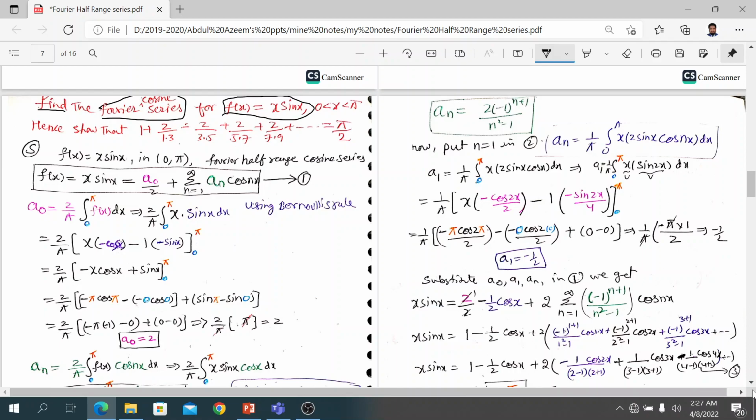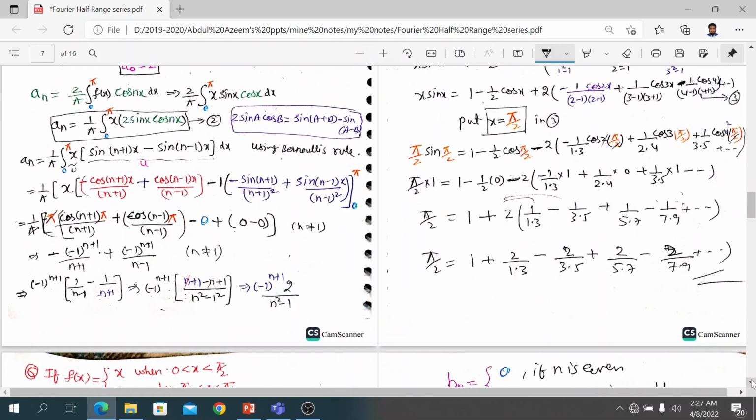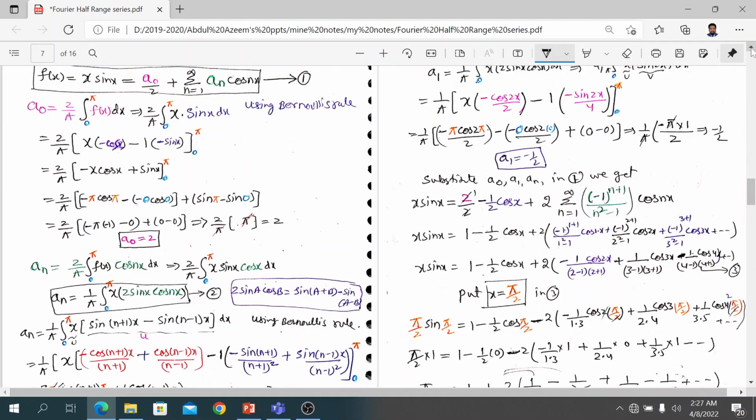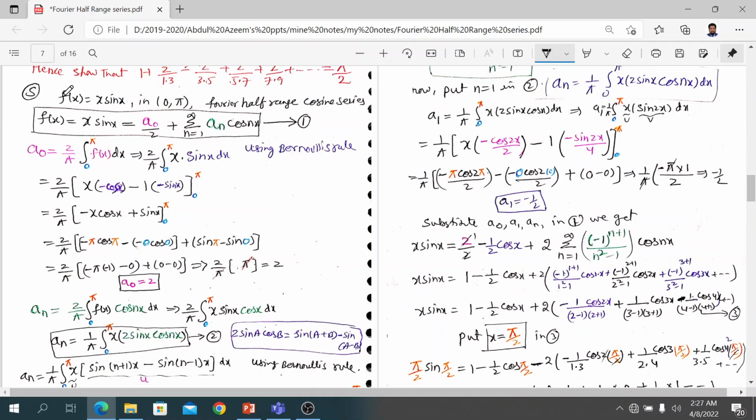Okay. So f of x is given. So the Fourier half range cosine series of f of x, that is x sin x, is a naught by 2 plus sigma n equal to 1 to infinity an cos nx.